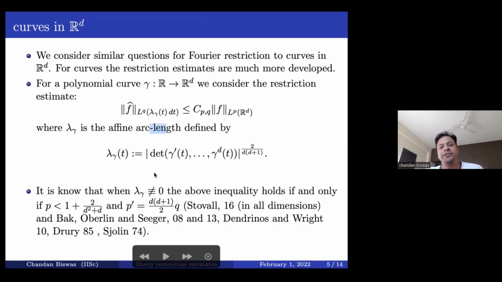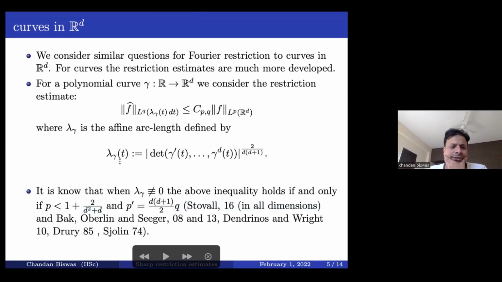By the way, when lambda gamma is 0, it can be proved that the image of the polynomial lies in a hyperplane. When the affine arclength measure is not identically 0, then it is known that the Fourier restriction operator maps L^p to L^q if and only if p is less than 1 plus 2 over d squared plus d, and again p and q satisfy this scaling condition.